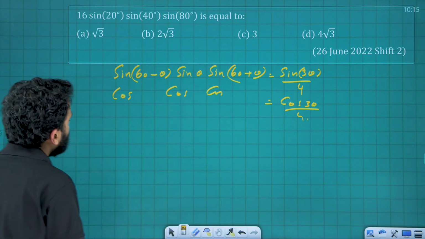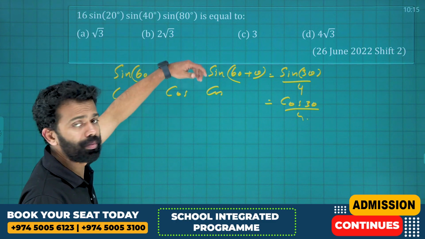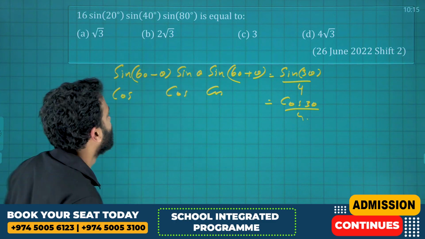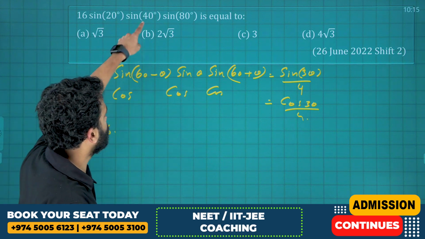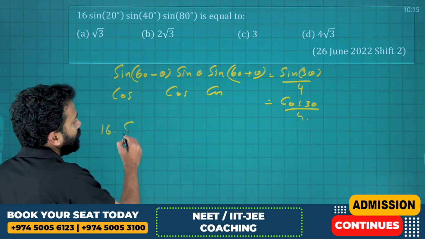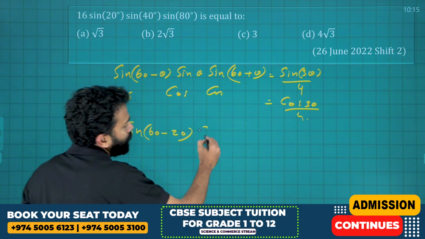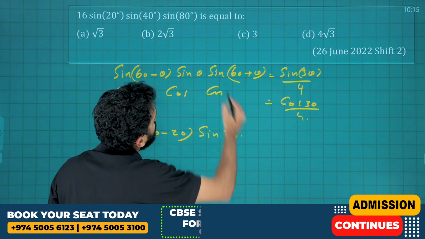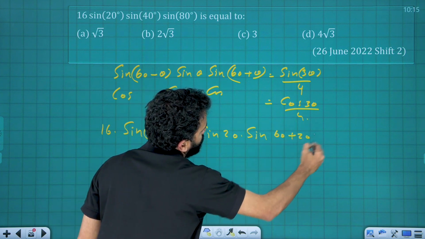Can you pack the corresponding angles in this format? Yes. It will be 16 into, see, 40 can be written as sine of 60 minus 20. Sine 20, just write it like that. And what about sine 80? Sine of 60 plus 20.